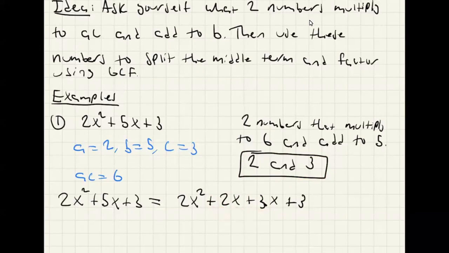Now you look at it as two separate pieces. We'll look at the first two terms and the second two terms. What do the first two terms have in common? Well, they both have a 2, and they also both have an x. So we can factor the first one as 2x, and we're left with x plus 1. And we can factor the next two terms. These have a 3 in common, so we can factor out a 3. So plus 3 times x plus 1.